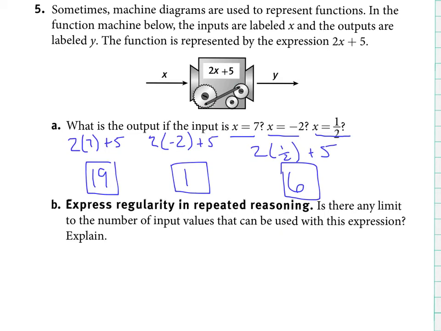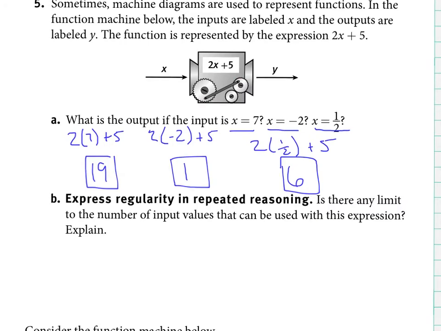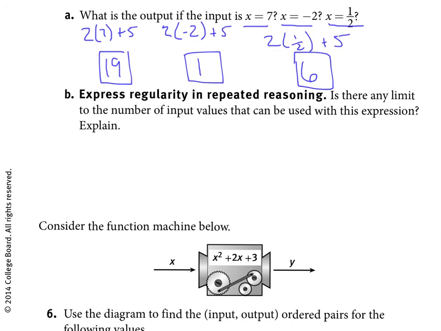Okay. So now we're going to look at letter B. B says express regularity in repeated reasoning. Is there any limit to the number of input values that can be used with this expression? So, is there a limit? Could we input anything? Or are there things that we could not input? Think about it.